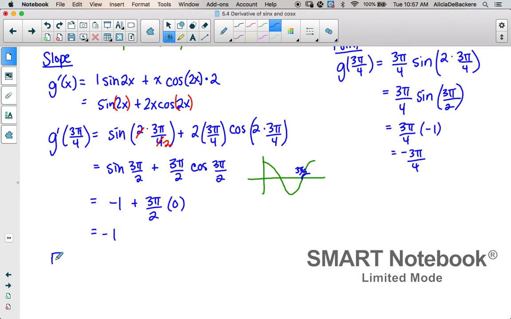So now we're going to put this all together in our equation. The equation is going to be y equals, so we'll take our slope number times x plus b, and then we're going to sub in the point.